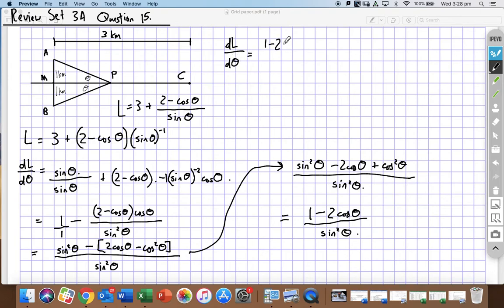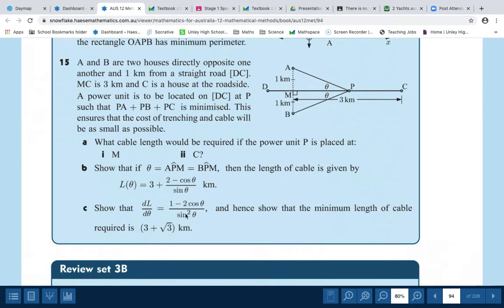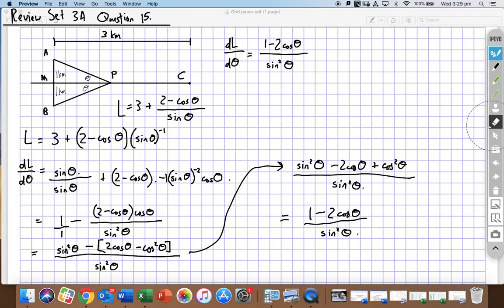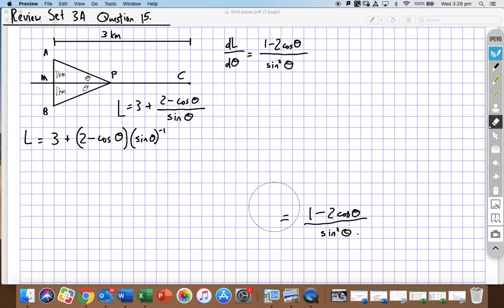But I want to double check that I've actually got this equation right, because if I haven't, I've probably made a mistake somewhere, so let's have a look. Bear with me, I'll just hide everything. 1 minus 2 cos theta, 1 minus 2 cos theta, yep, divide sine squared theta, good. So we're ready to move on, and we can erase all this working out. All right, can erase that as well.